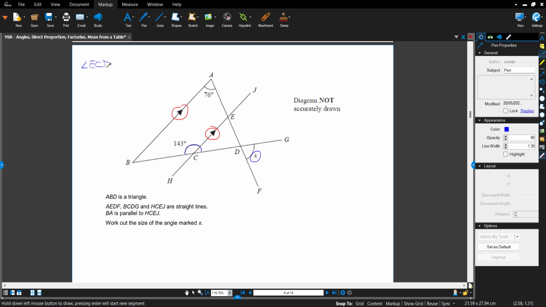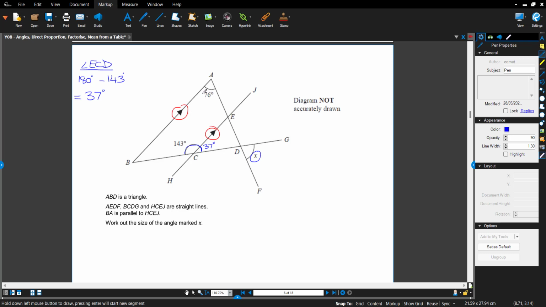ECD, so it's that angle there, is going to be 180 minus 143 degrees. We know that an angle on a straight line is 180. So take 143 away, you should get 37 degrees. So just mark it in. That's 37 degrees. Cool.